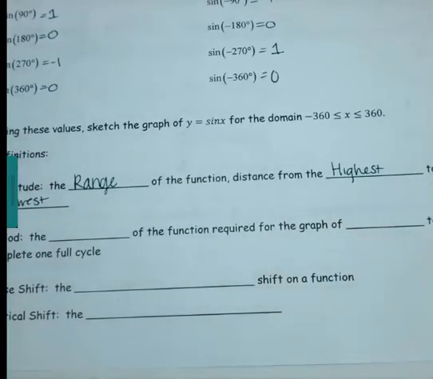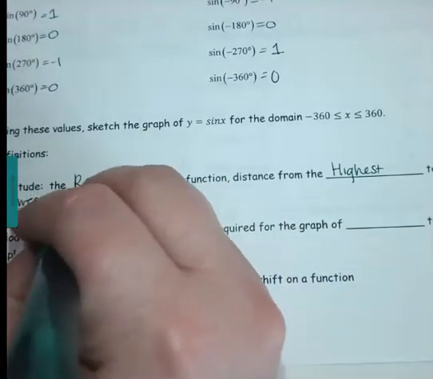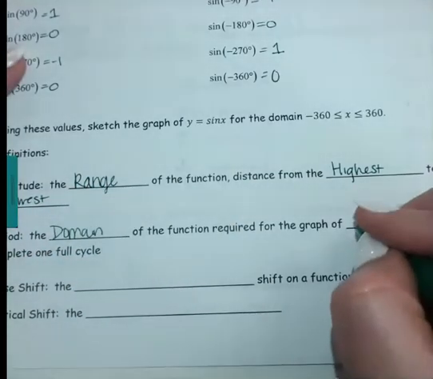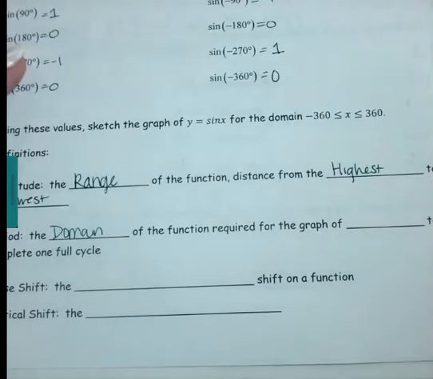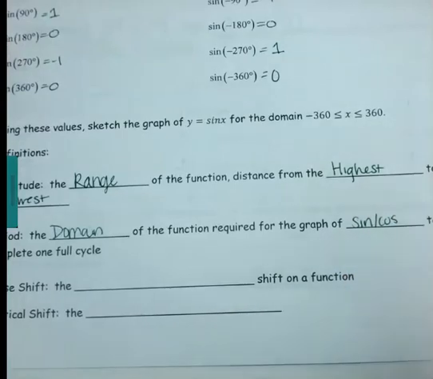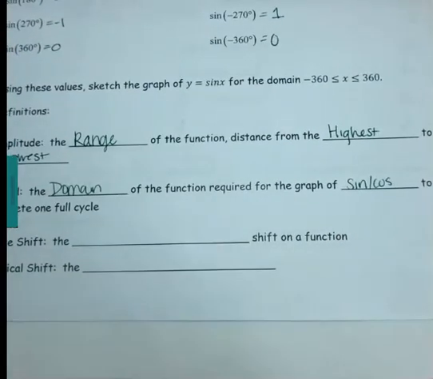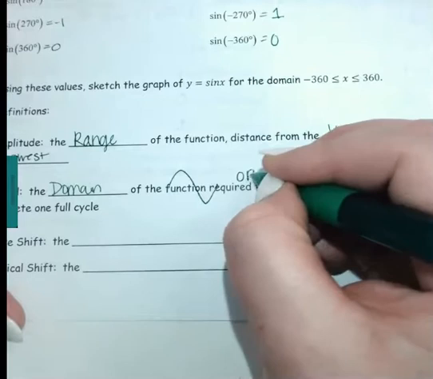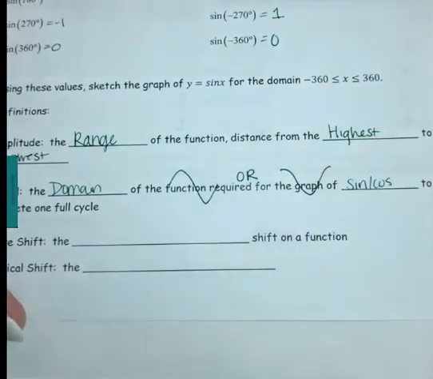Okay, the next one is going to be the period. This is the domain of the function. Okay, and it's going to be the length required for the graph of sine or cosine to complete one full cycle. Now, this is what a cycle means, is either you're doing this or you're doing this.